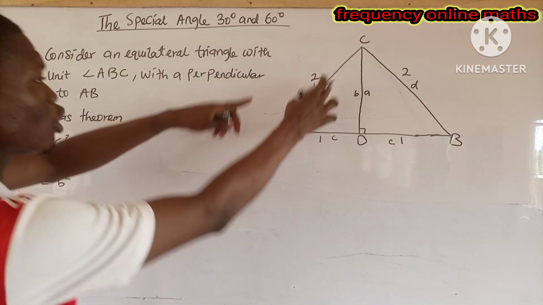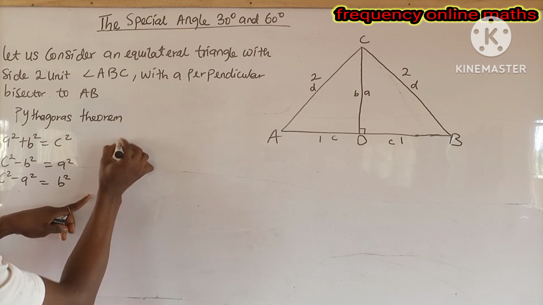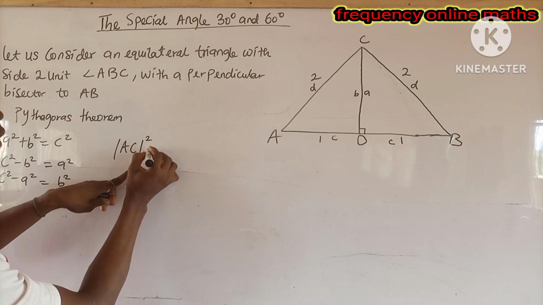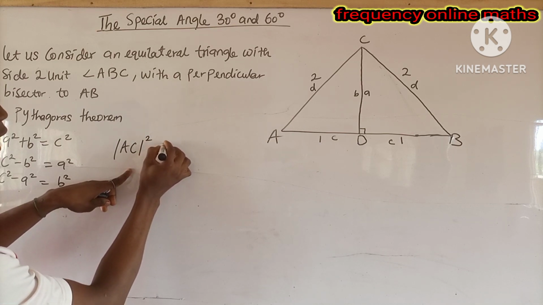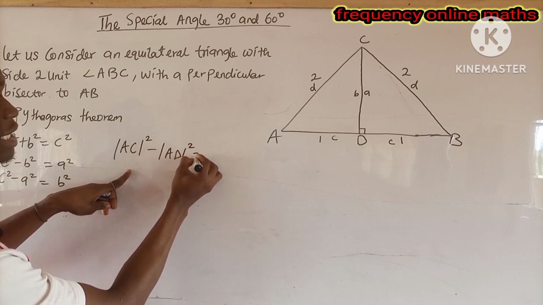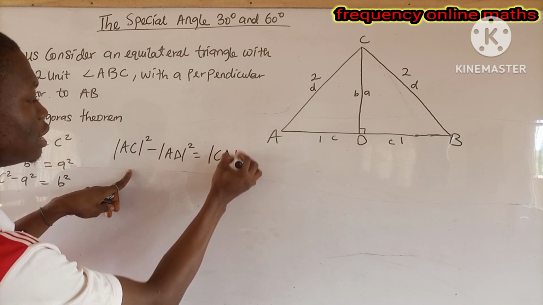So we are going to have line AC squared minus line AD squared is equal to line CD squared.